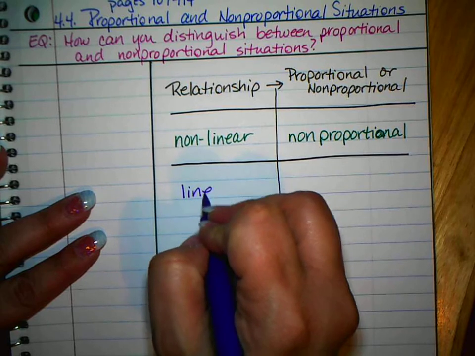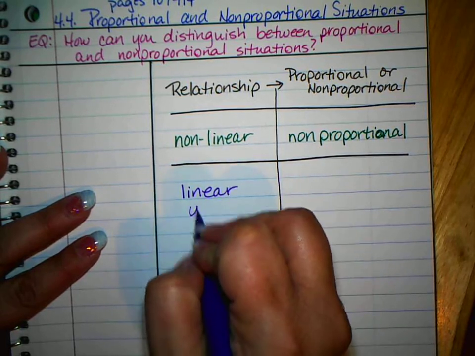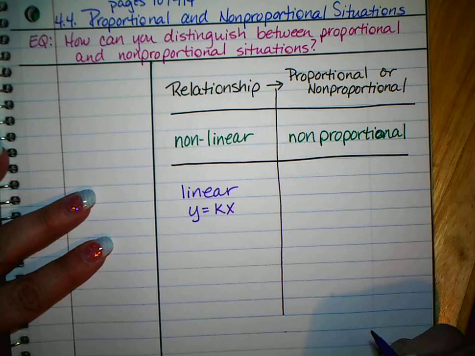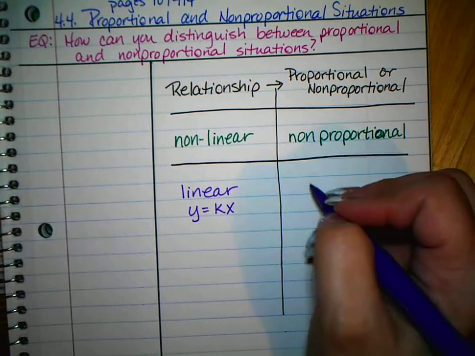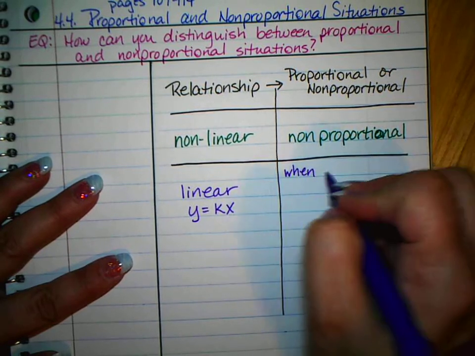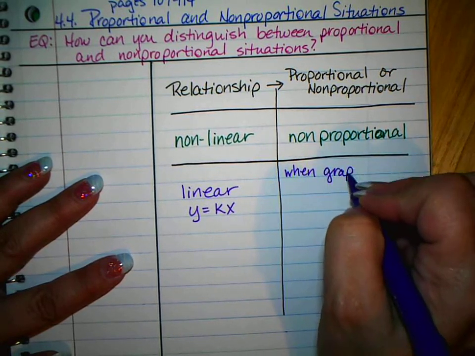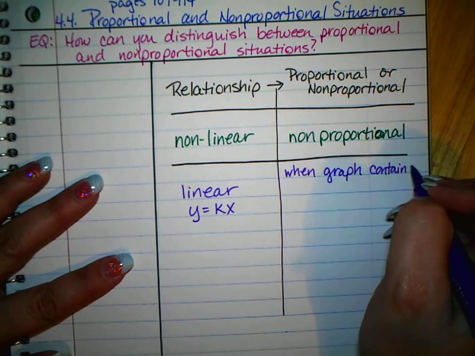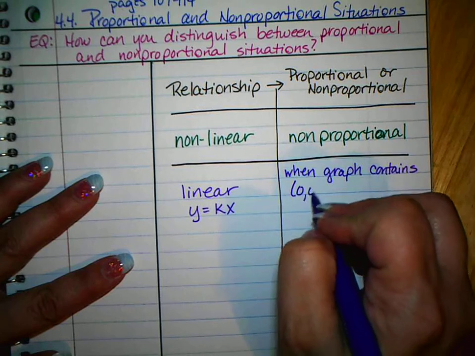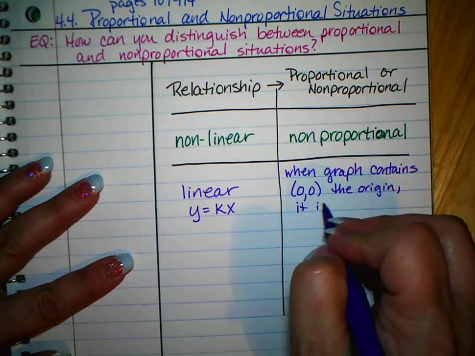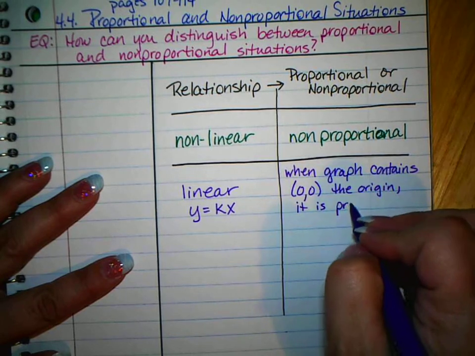We have a linear situation that is of the form y equals kx. This is when the graph contains and goes through the origin. Then it is proportional.